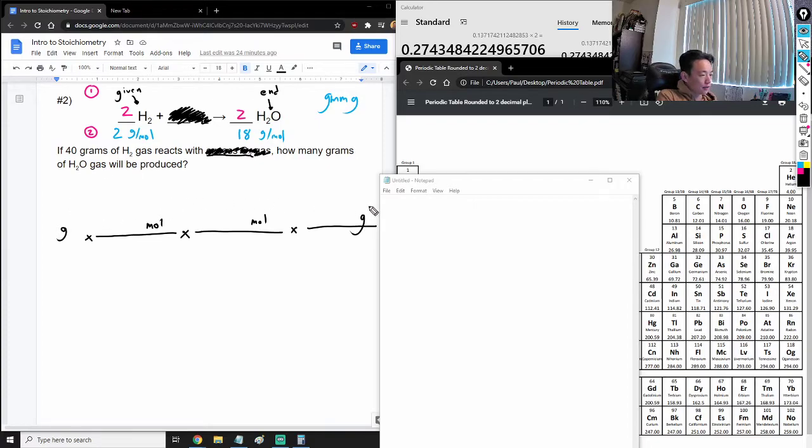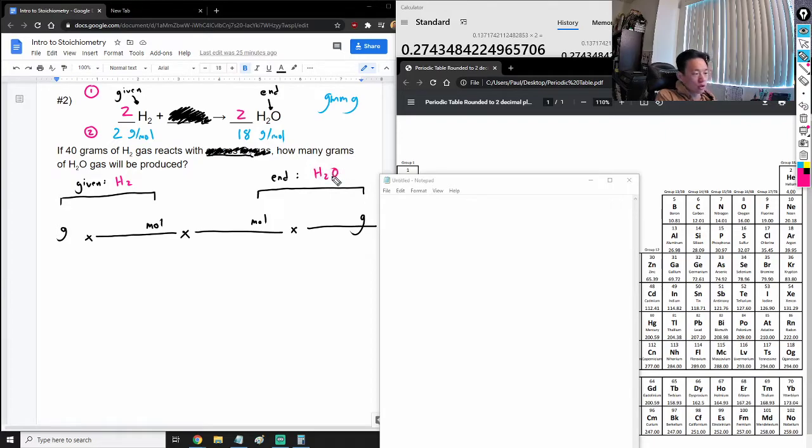if you want to set it up even further, this is another tip that you can use. The tops of the first 2 fractions are going to be about your given chemical, and then the tops of your last 2 fractions are going to be about your end chemical. So in this situation, our given chemical is going to be H2, and the end chemical is going to be H2O.